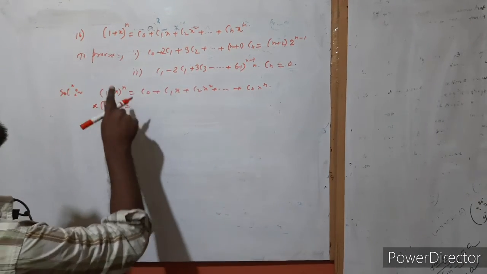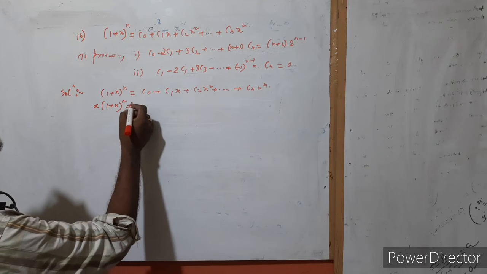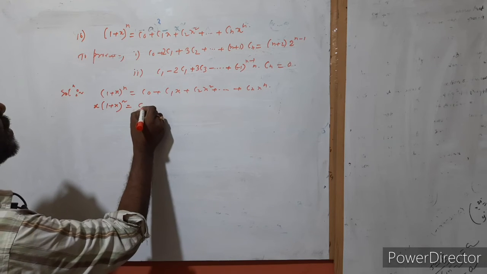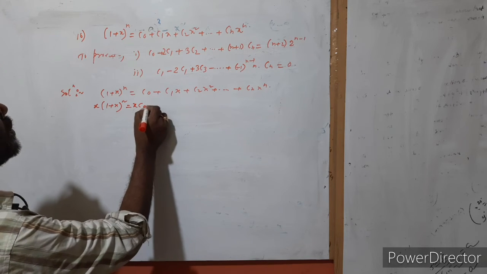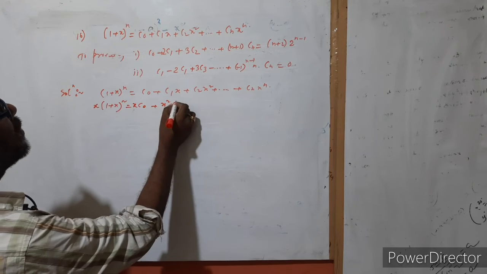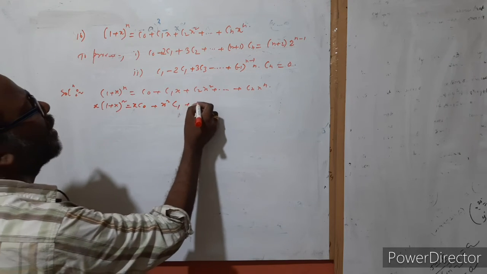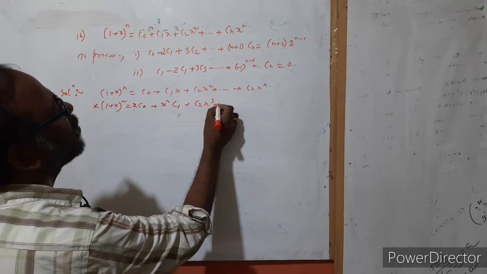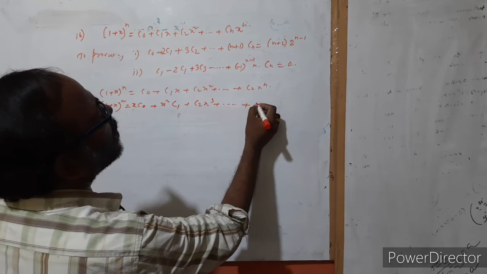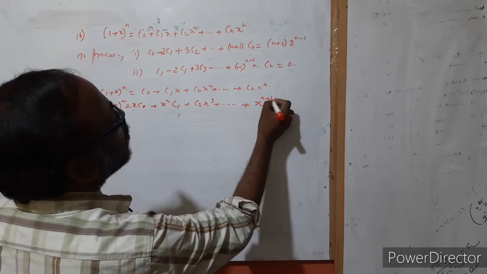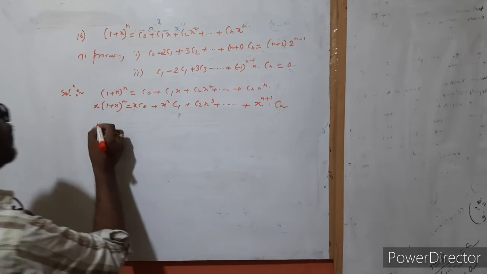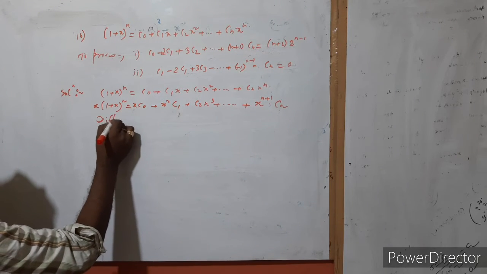Okay, see, multiply by x on both sides, that is x into c0, x square into c1, c2 into x cube, and so on up to x to the n plus 1 into cn. Now differentiate both sides.